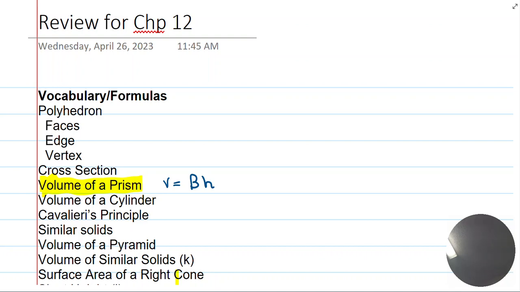Then we have the specific one, which is the volume of a cylinder. That is specific because the volume equals the base times the height, and here the base is always going to be pi radius squared times the height. That's the specific on that.